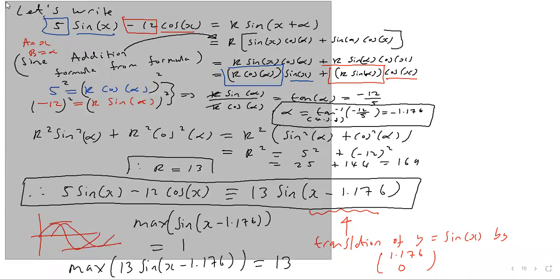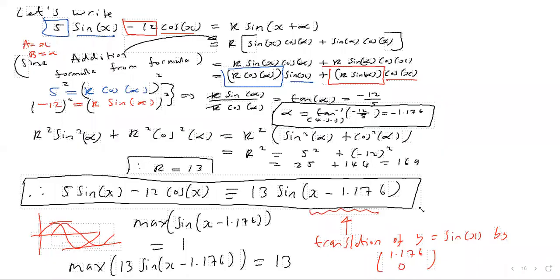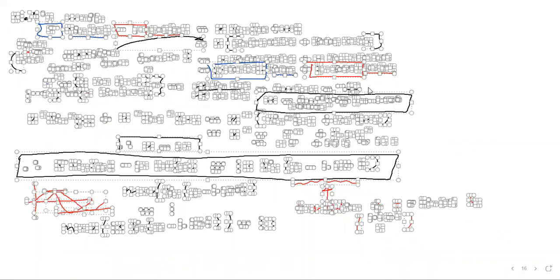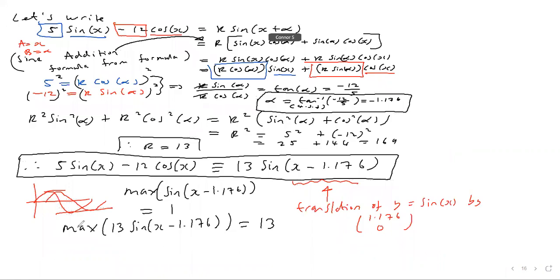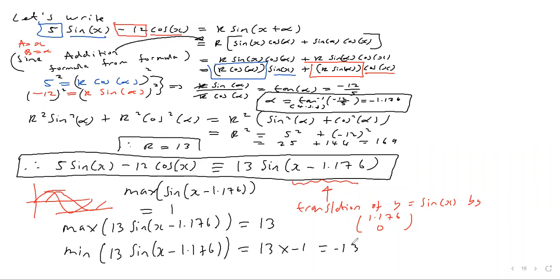And by using a very similar bit of logic, the minimum value of that is going to be negative 13, because again, the minimum value of this translated sine graph is still -1. So the minimum value of this 13 times by sine x minus 1.176 is going to be 13 times by -1, and that's -13.